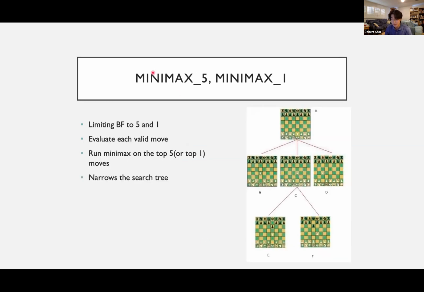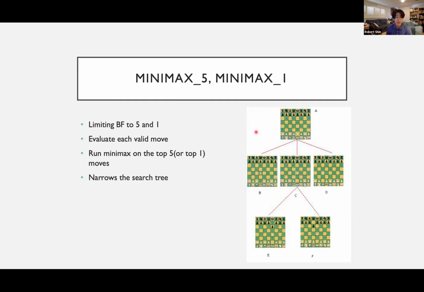And so basically, I created minimax 5 and then later minimax 1. And the idea is in the name once again. It's to limit the branching factor of the game to 5. And so minimax 5 runs a Stockfish evaluation, which is much faster than continuing to run minimax because Stockfish itself has become very optimized.